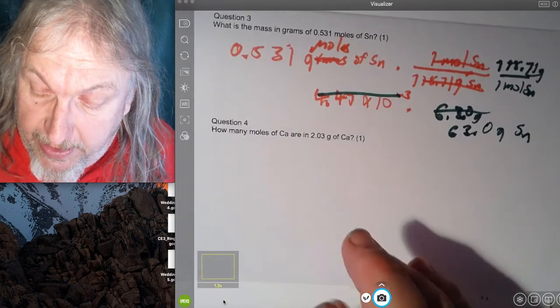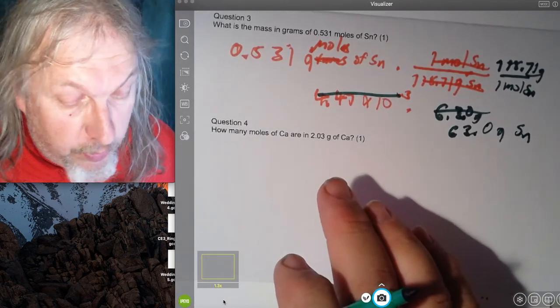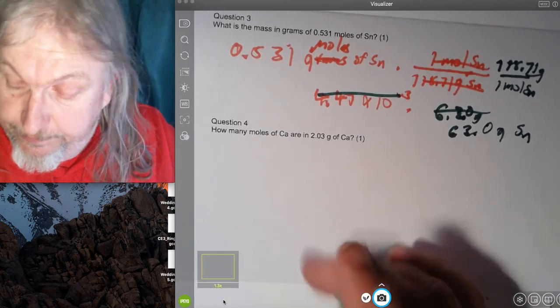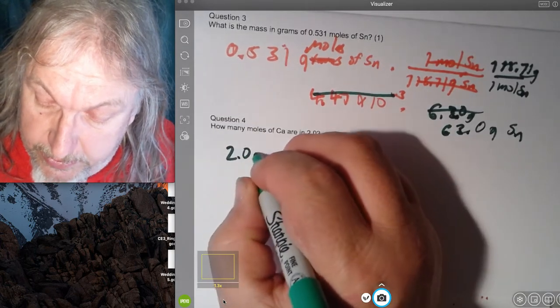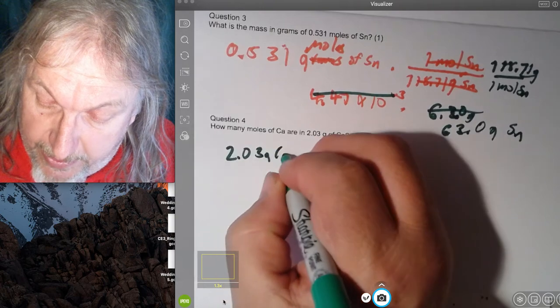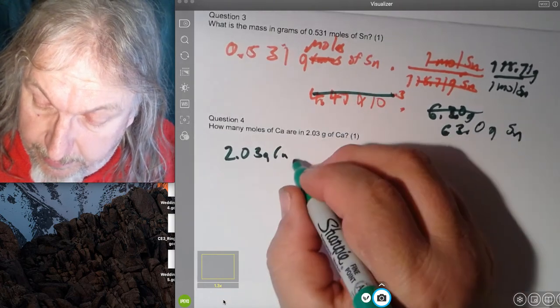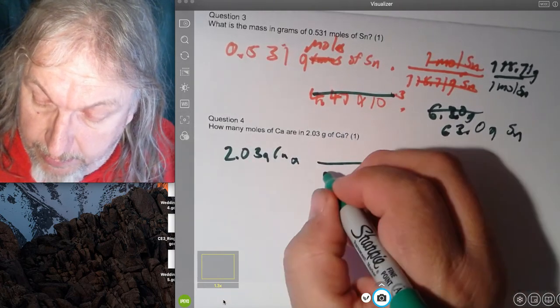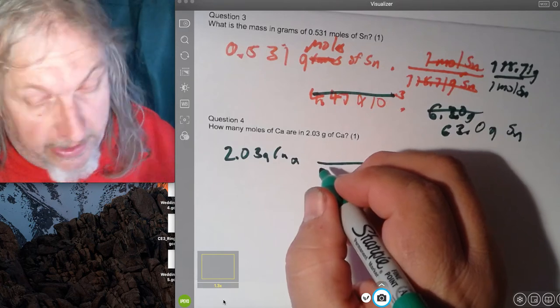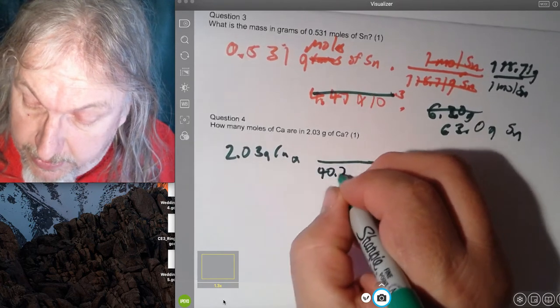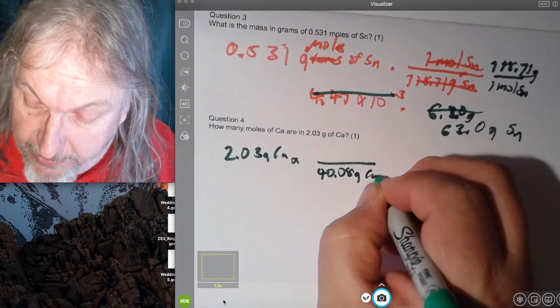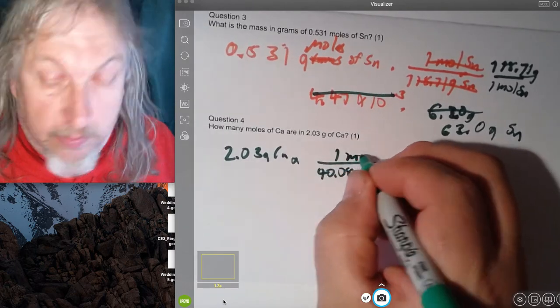So how many moles of calcium are 2.03 grams of calcium? Set the problem up the same way. 2.03 grams of calcium. Now I need to find the molar mass of calcium, and it is 40.08 grams. 40.08 grams of calcium in 1 mole.